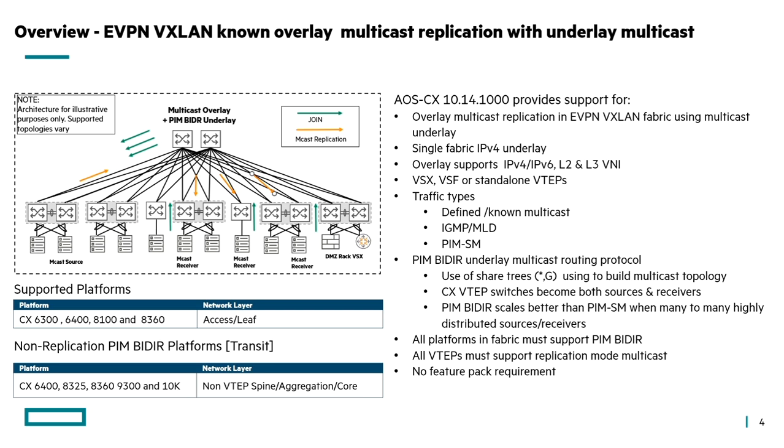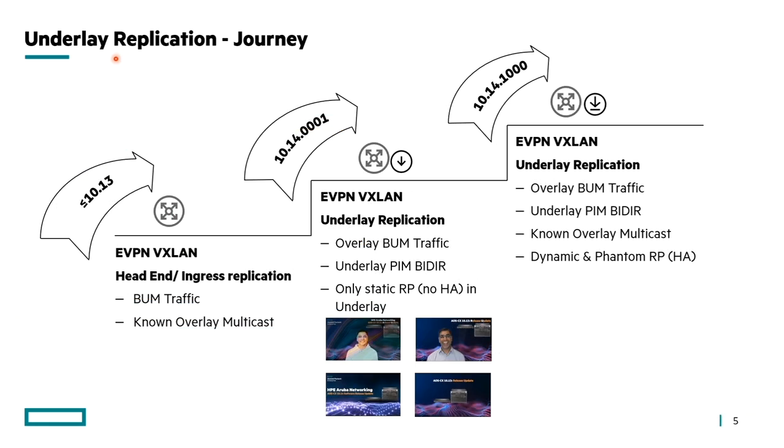Now let's look at the underlay replication journey. In 10.13 or less than or equal to, for EVPN VXLAN, we had head-end ingress replication. This is the default mode of replication, and this was for BUM traffic as well as known overlay multicast traffic defined by a customer.